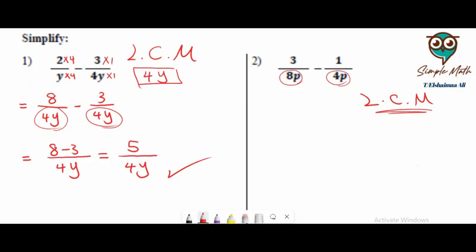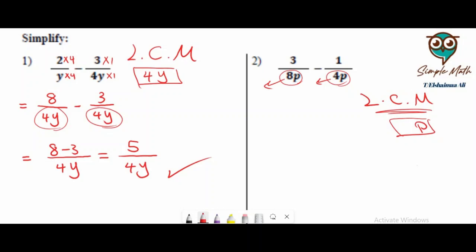What is the lowest common multiple here? We have two numbers, 8 and also 4, and we have a common symbol here, it's b. We need an expression containing a common multiple of these two numbers and also the common symbol. So we agreed that we have b as a common symbol here. So what is the number? What is the common multiple between these two numbers?